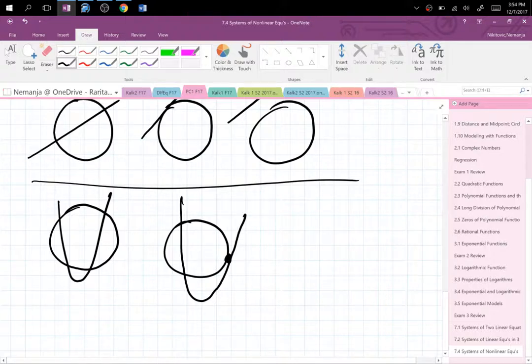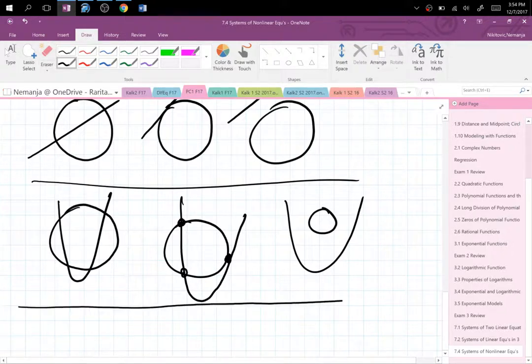They touch here, there, and there, right? So you can have any of these combinations. No solution, a circle, and then a parabola goes around, like that. Or the circle is on this side, it doesn't matter. So they have to be somewhere on the xy plane, you can graph them, and then it will fall into one of these.